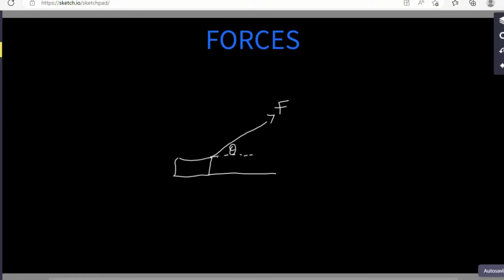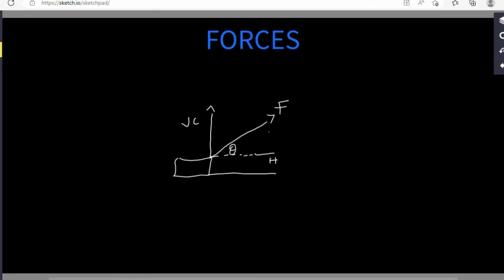As I was explaining, whenever a force is applied at an angle to the ground, that force will develop two components, the vertical component and the horizontal component. It's because the force that we are given is actually a resultant of two forces.